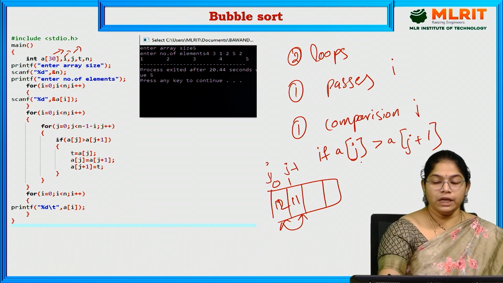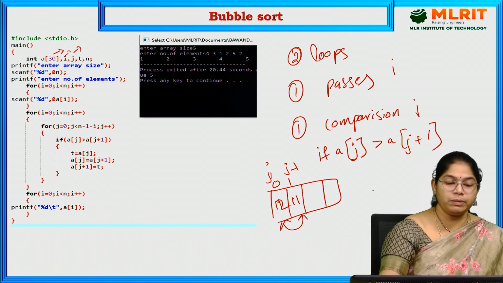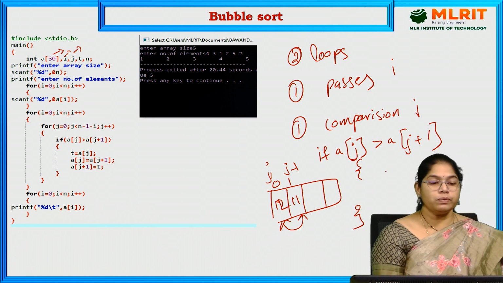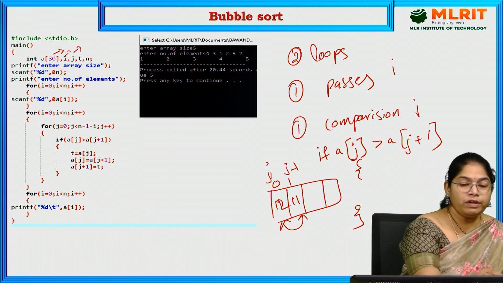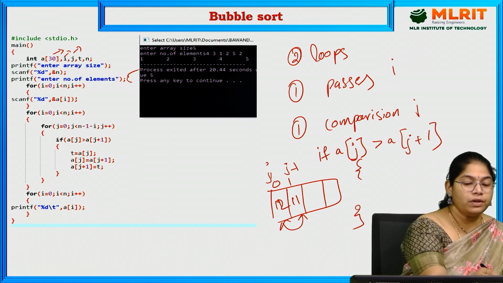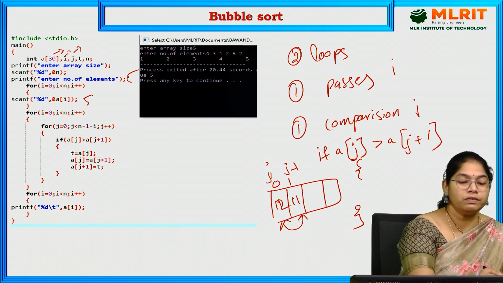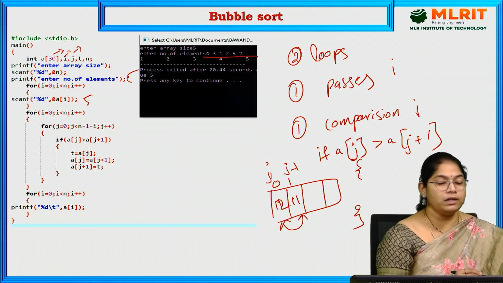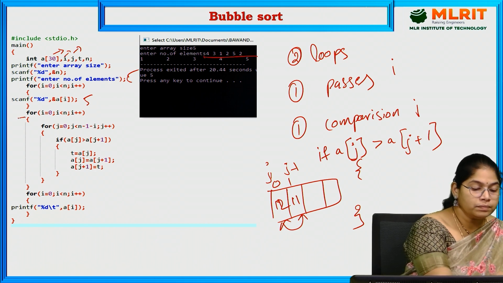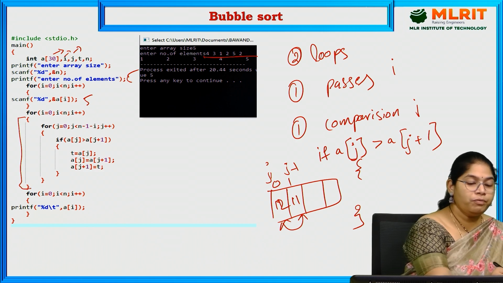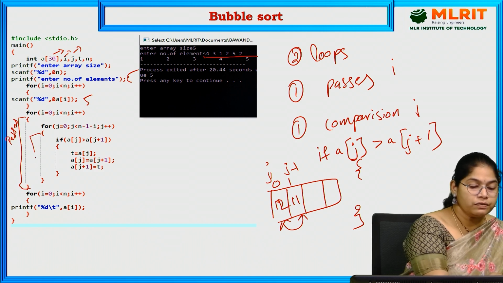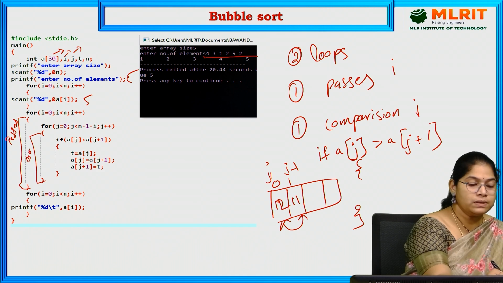So if A of J is greater than A of J plus 1, then we have to swap using the swapping logic. The number of elements here is 5. Using a scanf function, we can store the values. These are the values. Then this is the loop for the passes, and here this is for the comparisons.